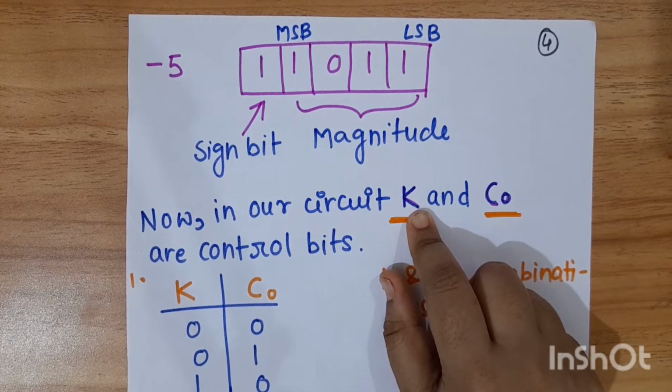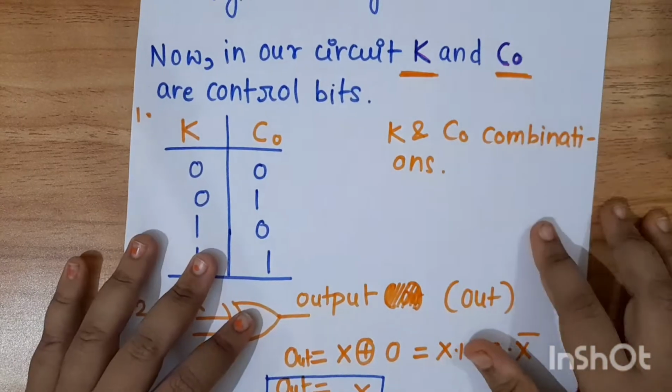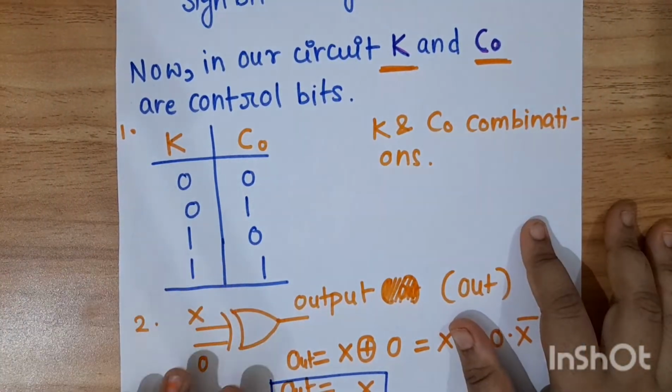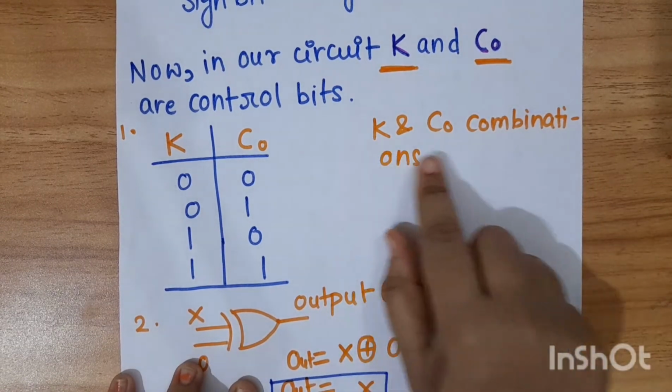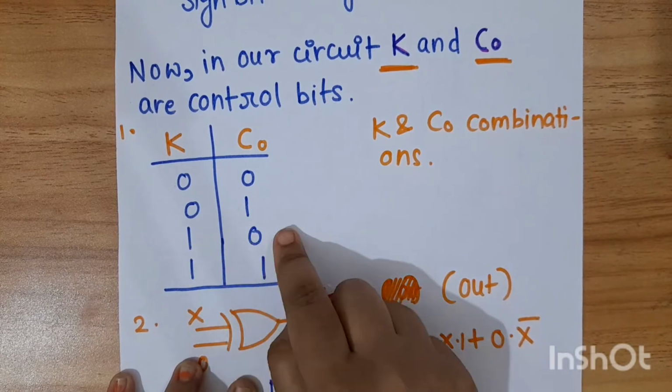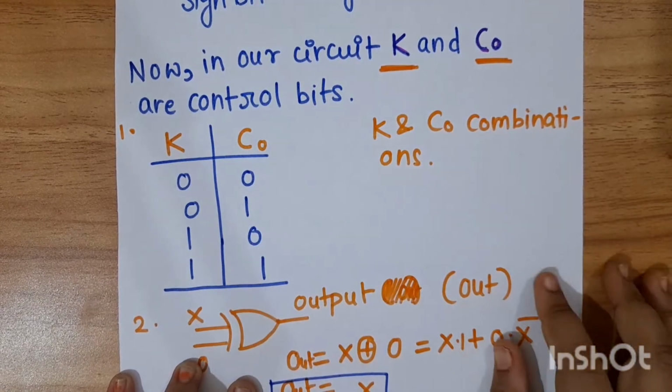This is how minus 5 is represented in 2's complement representation. Now in our circuit, K and C0 are the control bits. The possible combinations which K and C0 can take are 0 0, 0 1, 1 0, 1 1.